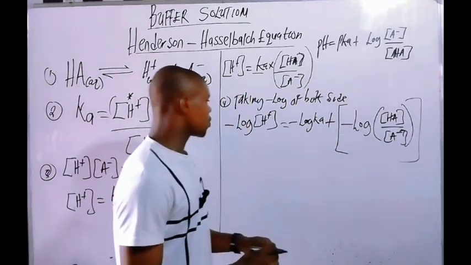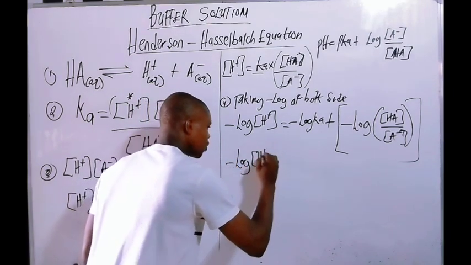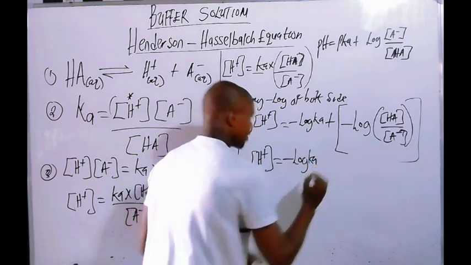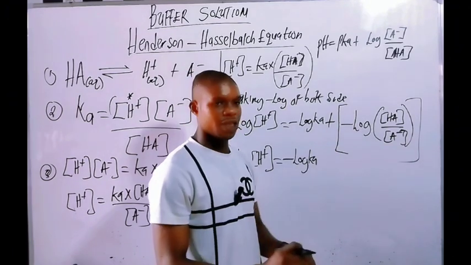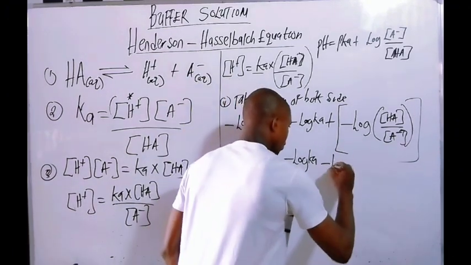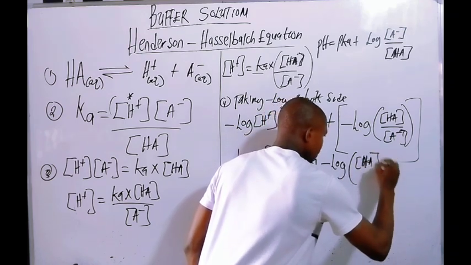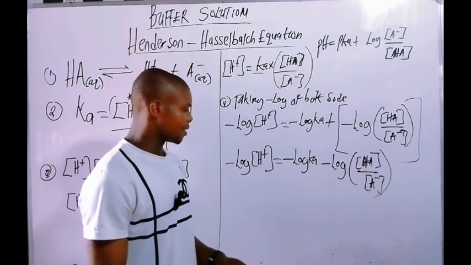So minus log H plus equals minus log Ka. Now remember you have to open the bracket: plus times minus is minus. So it's going to be minus log of HA over A minus. Can you see that?